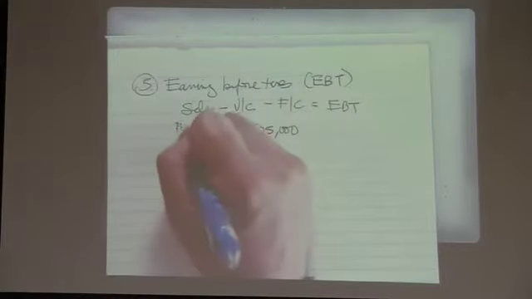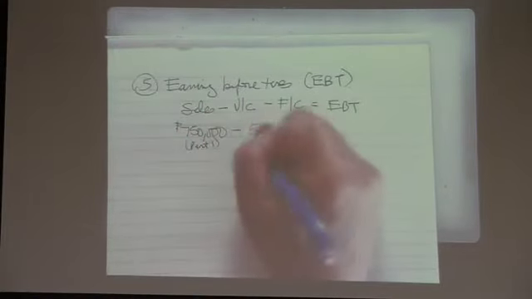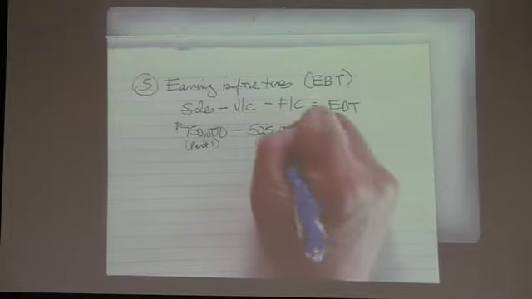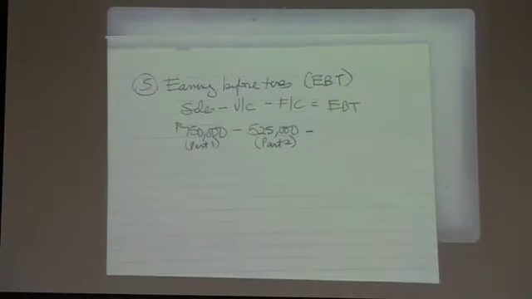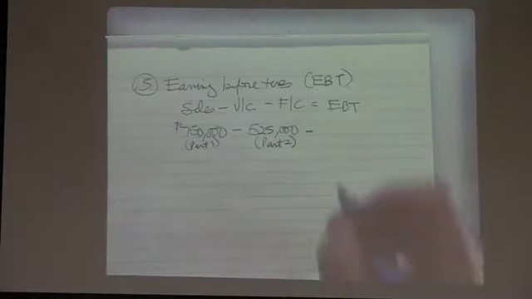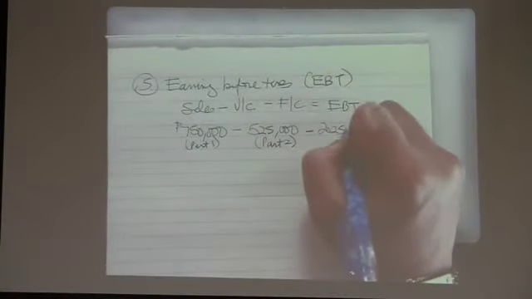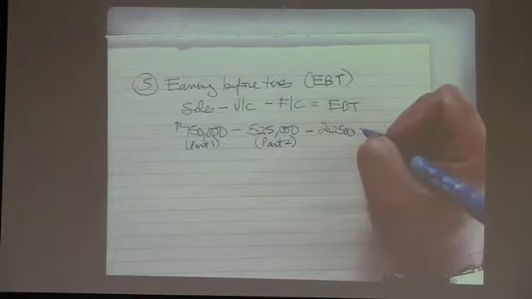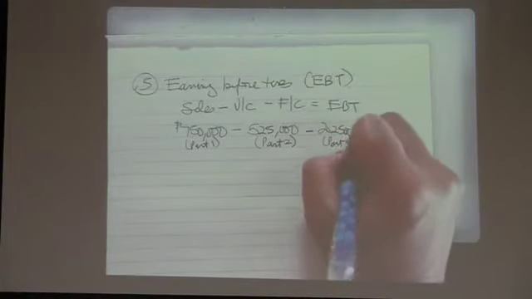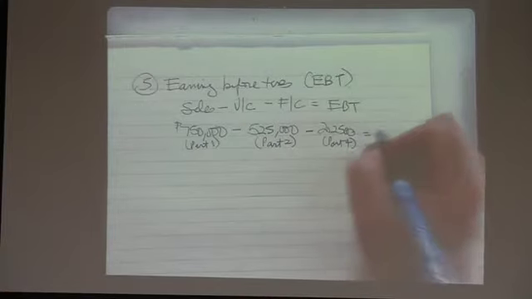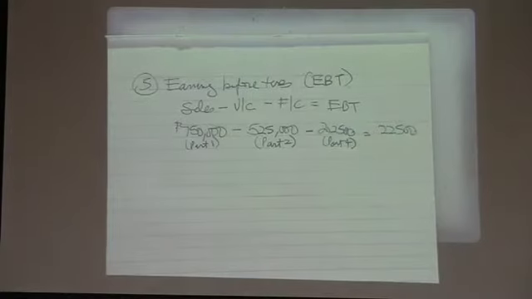So this is part 1, part 2. And total fixed cost, we were able to figure out as 202,500, and that came from part 4. So EBT is 22,500. So these are the different parts that we're able to get these numbers from.